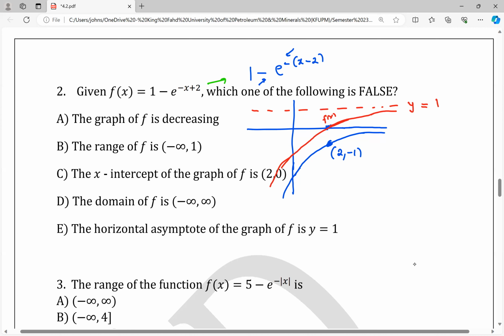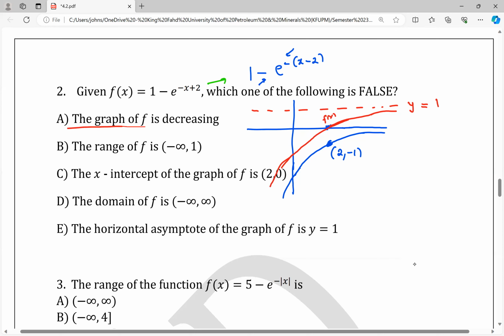All right, so which of the statements is false? Okay, so how do we know? Now let's look at the range first. What is the range in this case? Remember, we're dealing with the red one. Okay, the graph of f is decreasing.